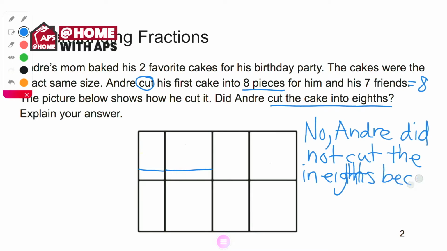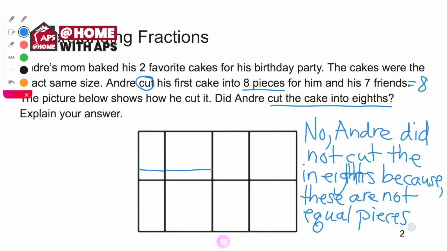Because just saying no does not answer the question, right? Remember, we're working on how you would solve that. No, Andre did not cut the cake into eighths because, what did we just discuss? They are not equal pieces.